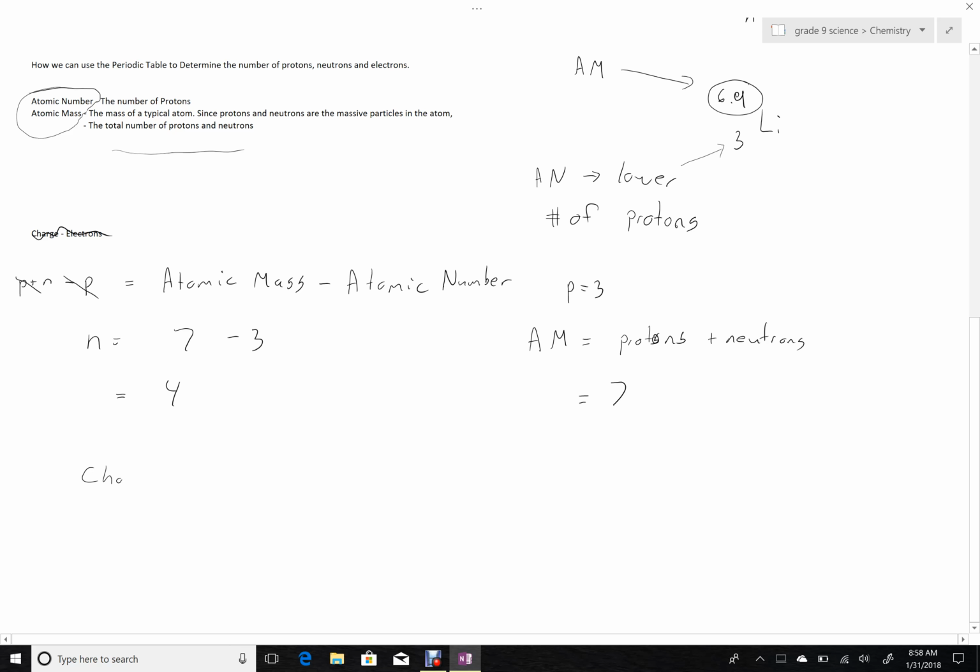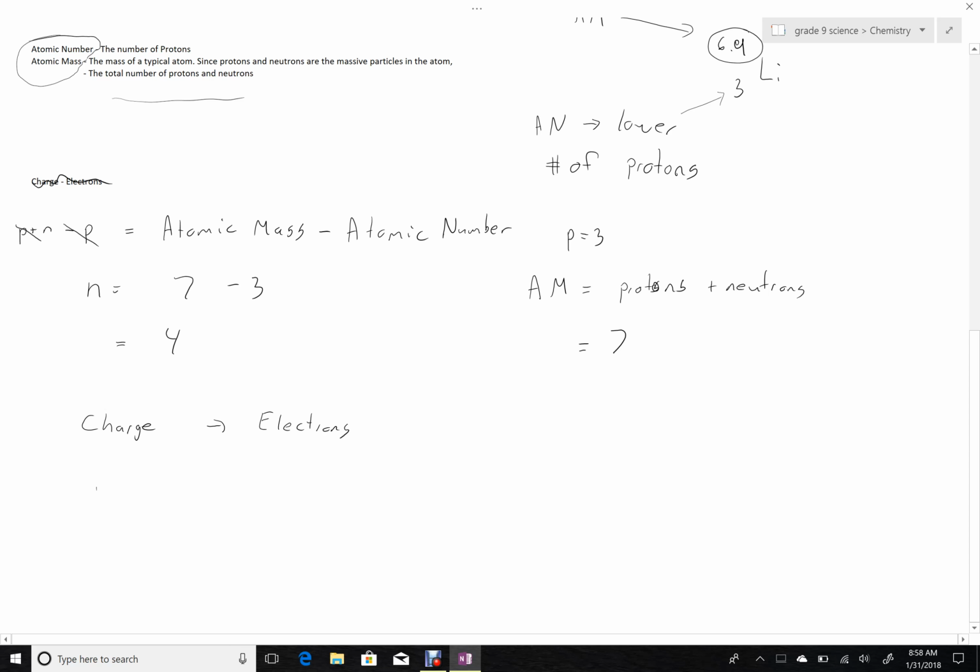The last thing we have to do to figure out electrons is we have to consider the charge. The simplest thing we can do here is we can deal with neutral atoms. In a neutral atom, there's no charge.